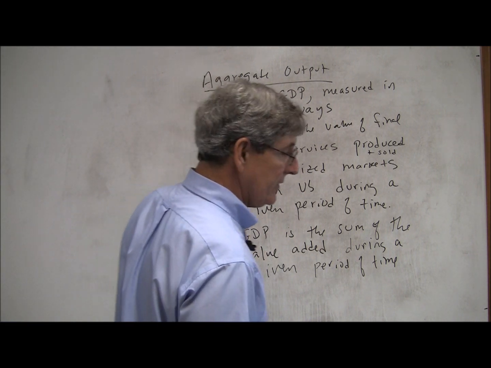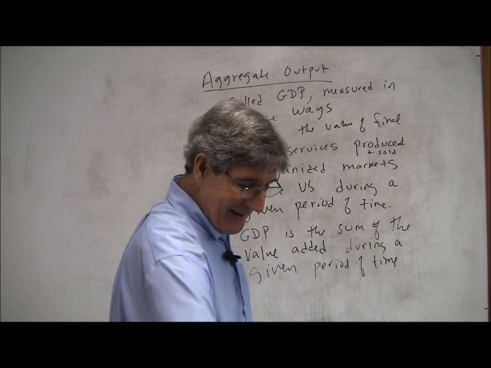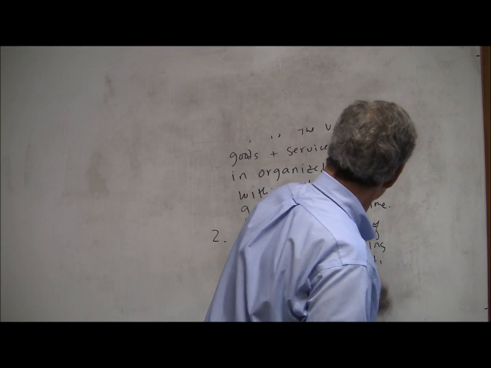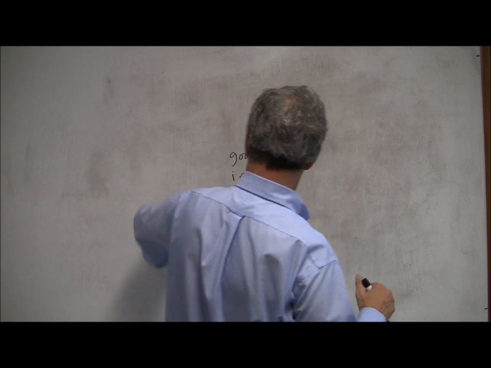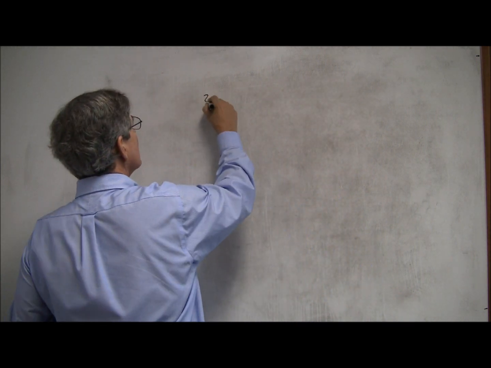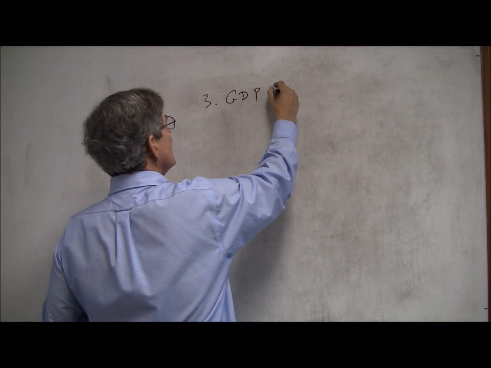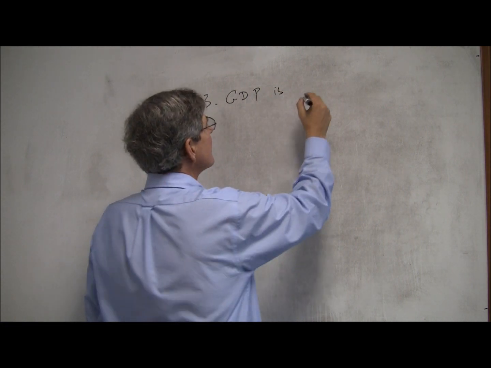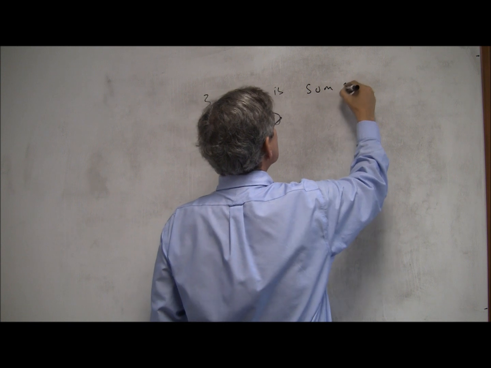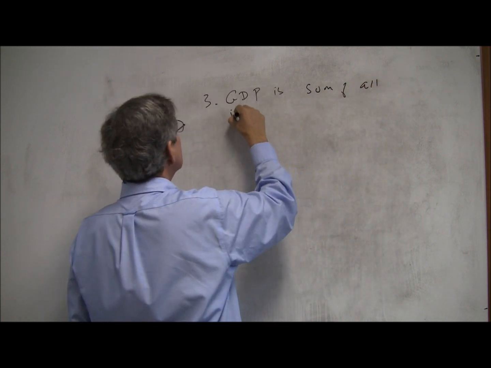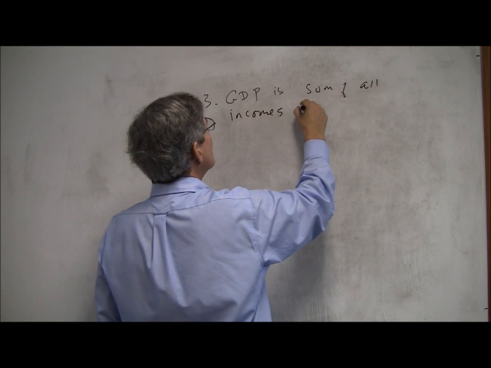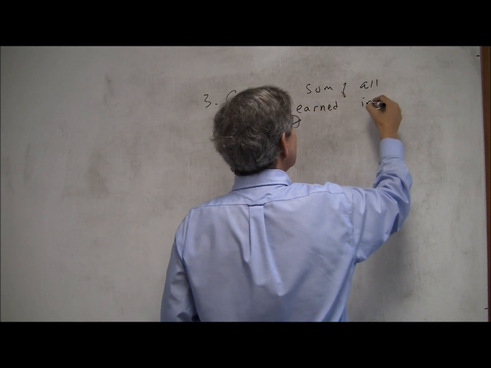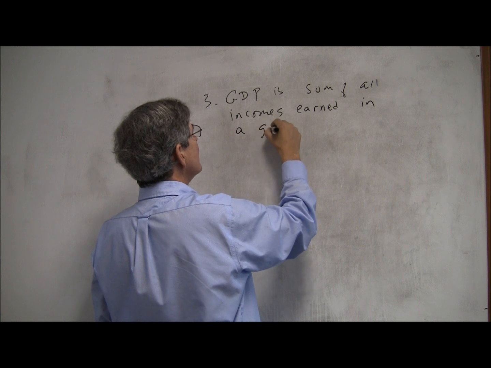The third way to measure GDP is the sum of all incomes earned in organized markets in a given period of time.